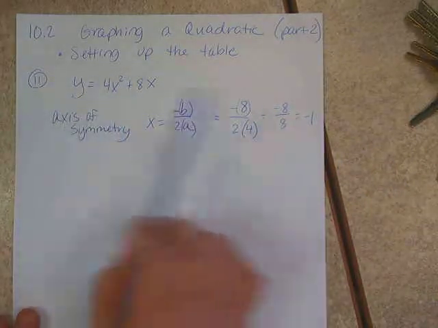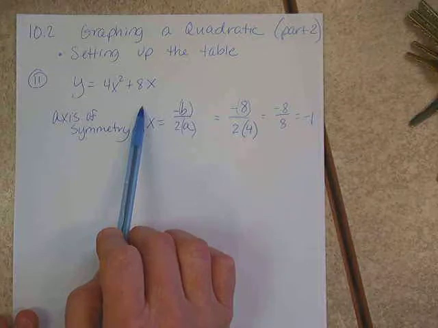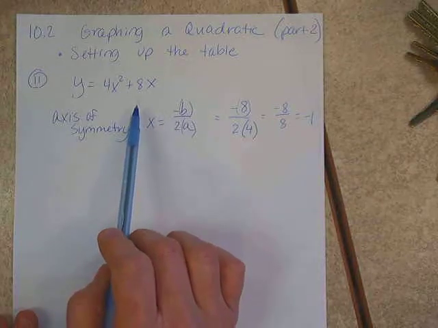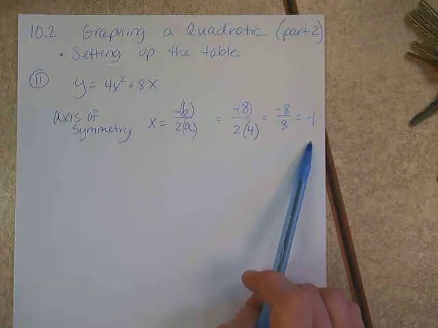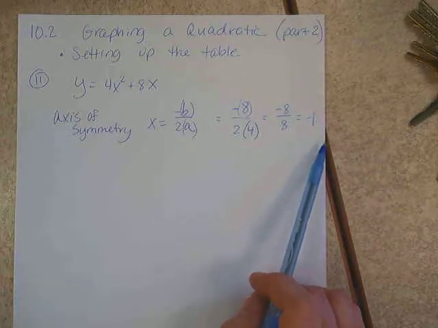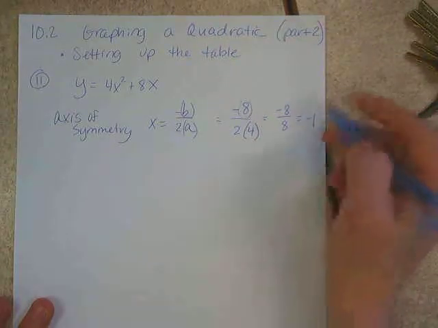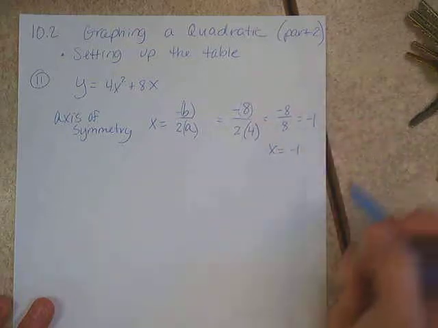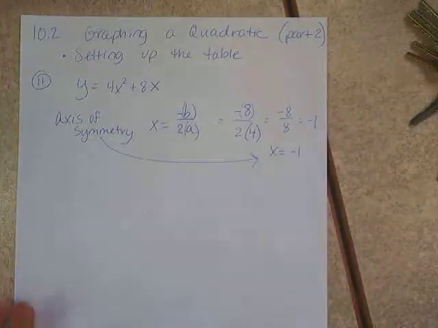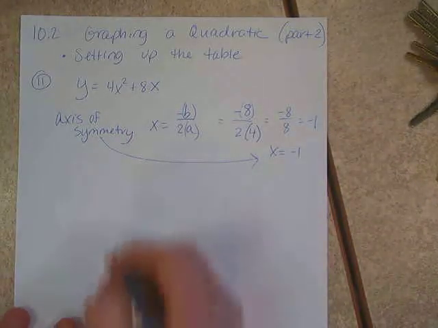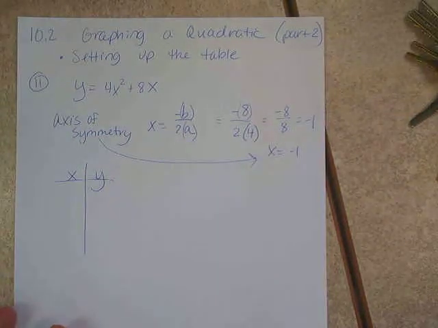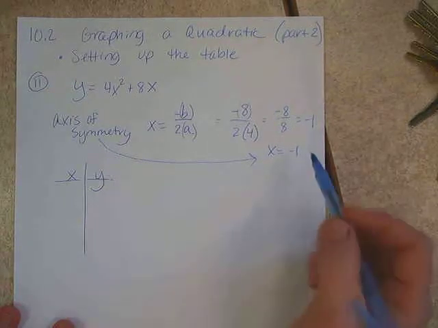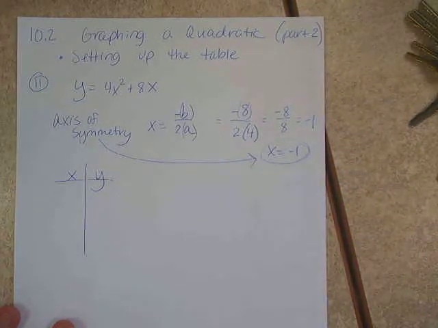Okay, now when we were just finding the axis of symmetry and the vertex, I had to immediately go and plug that x value into your equation. You're going to still do that in a minute. But if this is the axis of symmetry and runs down the center of our parabola, that should be the center of the points that we're choosing, right? So what I'm going to have you do with this, since x equals negative 1 is the axis of symmetry, we're going to start our table to make sure we get it all filled out.